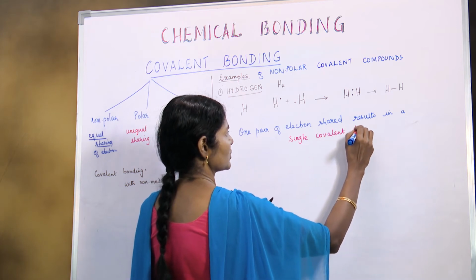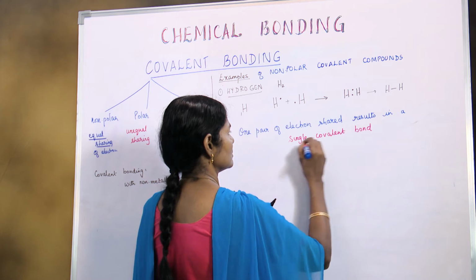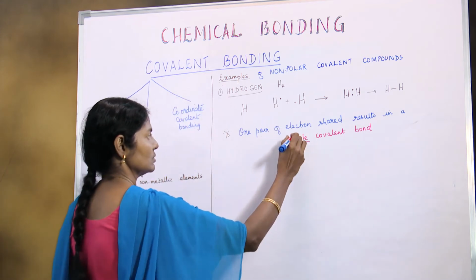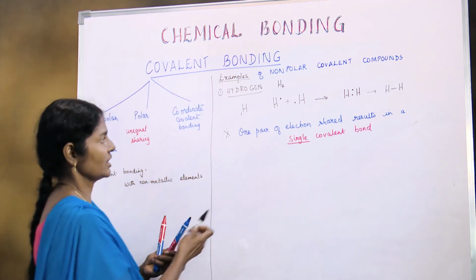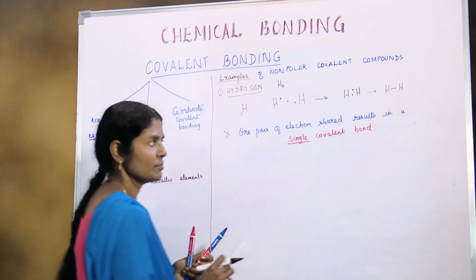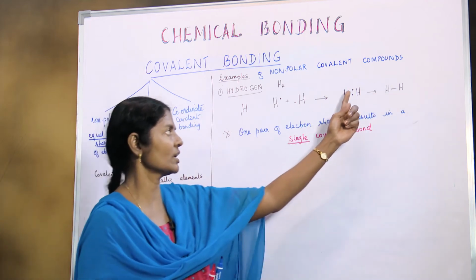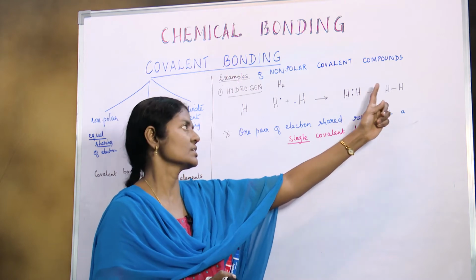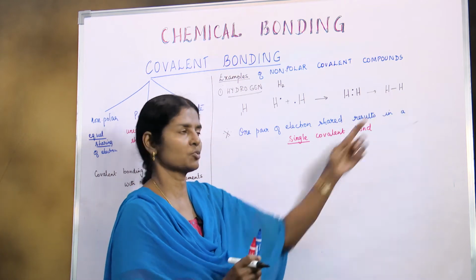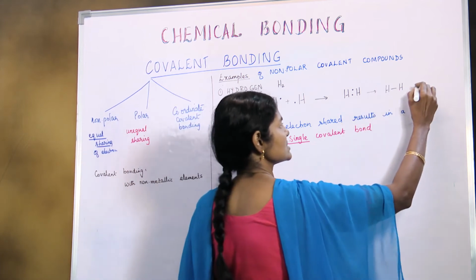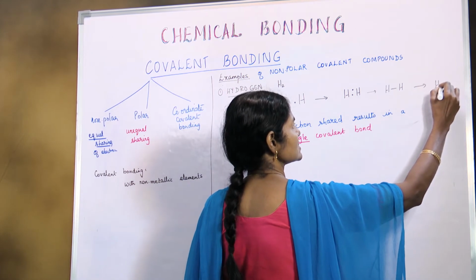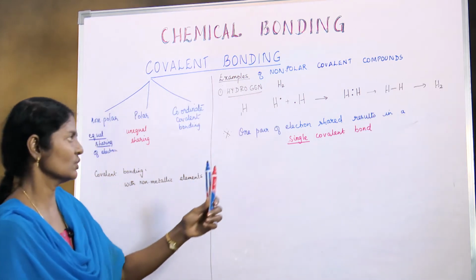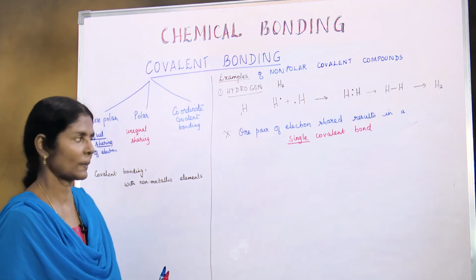This is very important. So here again, there is only one pair being shared. When only one pair is shared, there is only a single covalent bond, and this is hydrogen, that is H2. This is how the hydrogen molecule is formed.